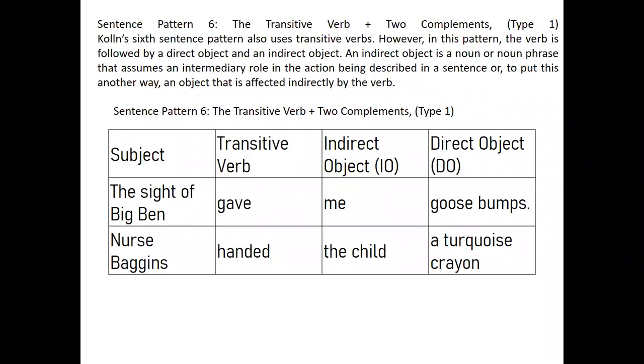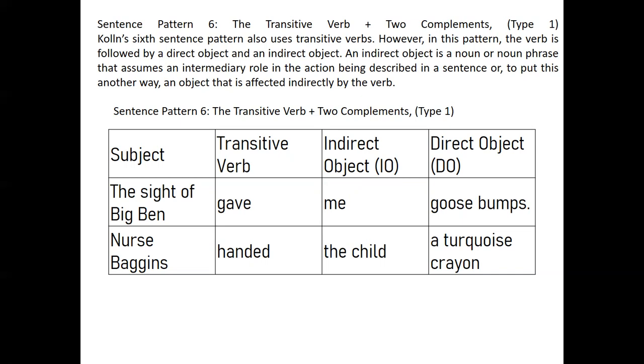Next, let's go with sentence pattern number 6, the transitive verb plus two complements. It is a bit longer, but since this is a transitive verb, it has a direct object. The verb cannot stand alone and needs an object. However, in this pattern, the verb is followed by a direct object and an indirect object.